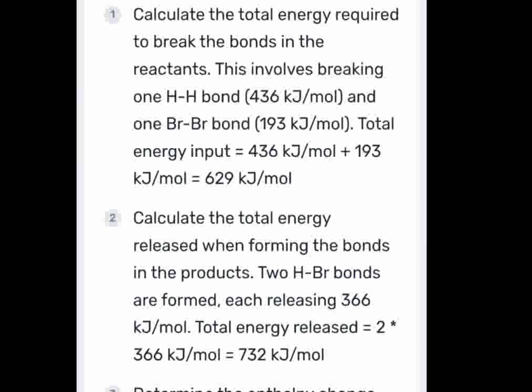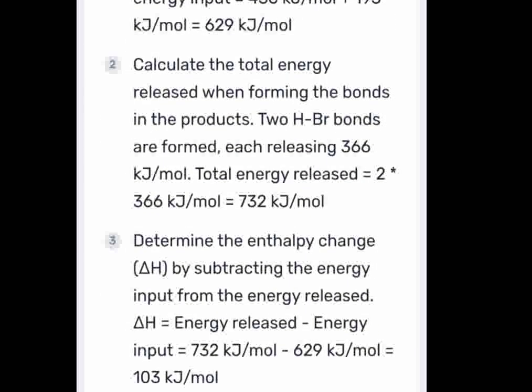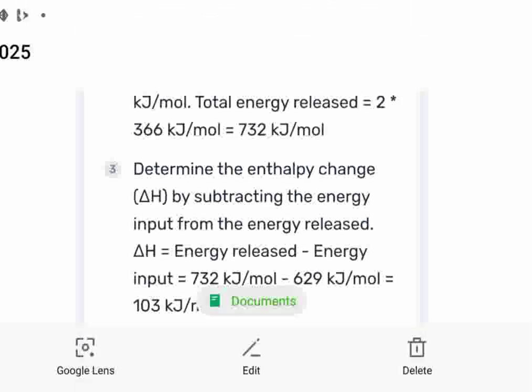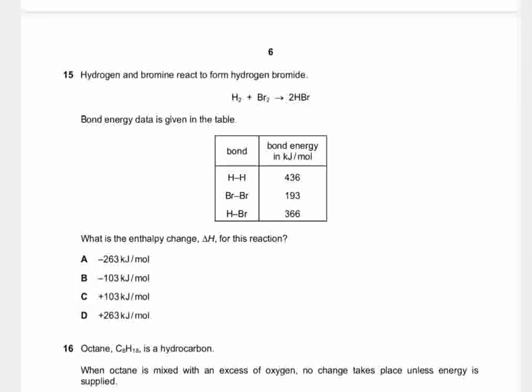You need to calculate the total energy there, and then you calculate the energy released when the products are formed. Two hydrogen-bromine bonds are formed, and there you calculate it. Determine the enthalpy change by energy released minus energy input, and you will get the result, which is -103 kJ/mol. So the correct option here is the C option. Sorry, it's the B option with the minus sign.